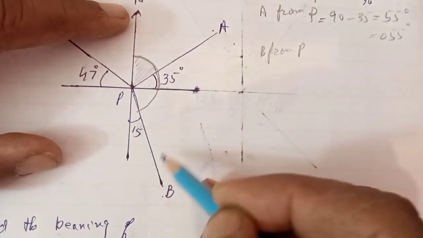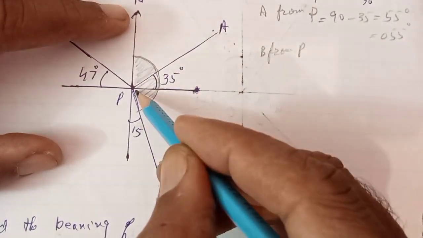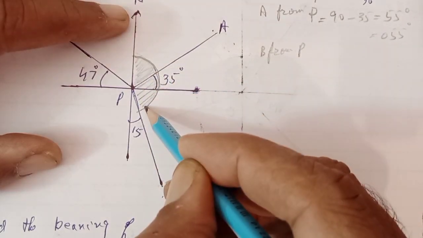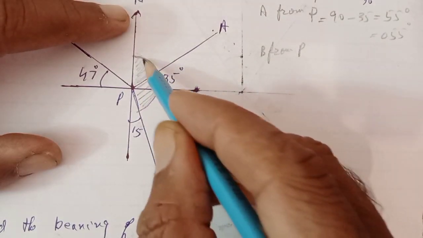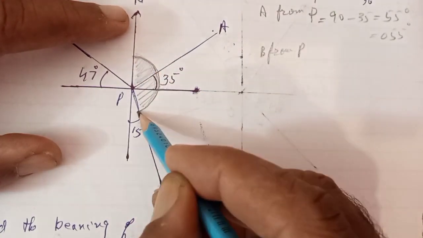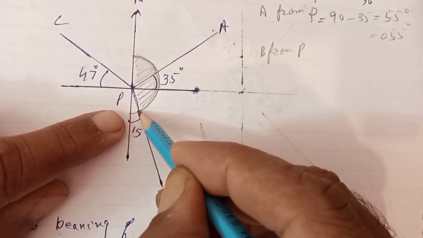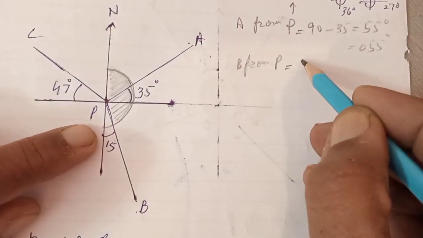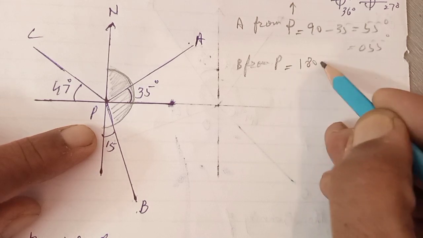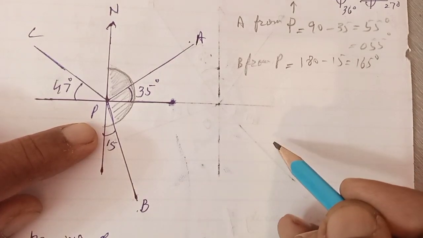This is the bearing of B from P. So you have to calculate this angle. This would be the answer. If you look, if you move from north up to here, what is the angle over here? 180. And then you have to move back 15 degrees. So bearing of B from P is 180 minus 15 degrees, so 165 is the bearing.